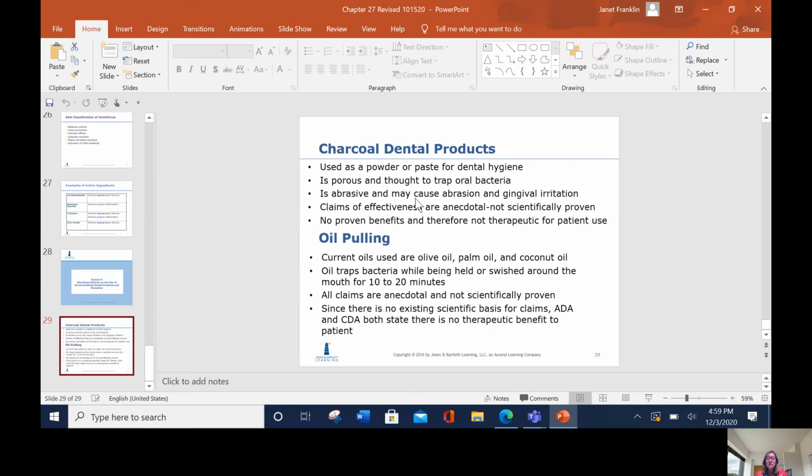Again, not scientifically proven. And since there's no existing scientific basis for claims, the ADA and the CDA both state there is no therapeutic benefit to the patient. So when you get out in practice, you can talk to patients and educate patients on the effectiveness of some of these different types of procedures and products.